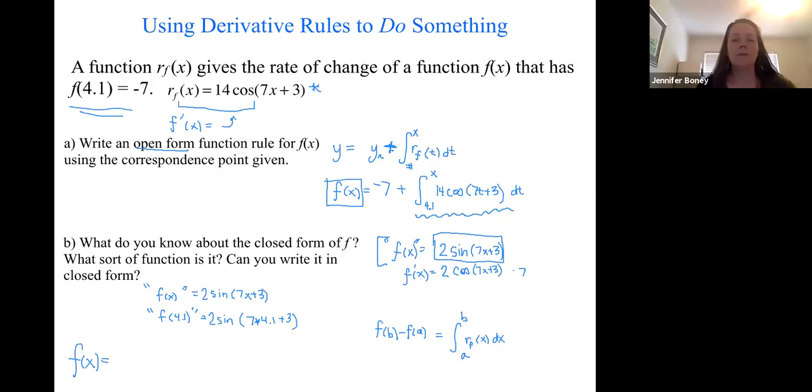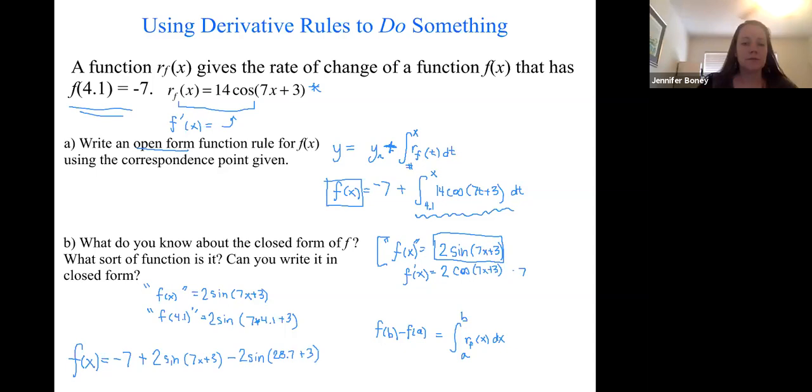So if I do negative 7, the initial value, plus the equivalent due to the fundamental theorem of calculus of this expression, I'm going to have 2 sine of 7x plus 3 minus 2 sine of 7 times 4.1 plus 3, otherwise known as 31.7.